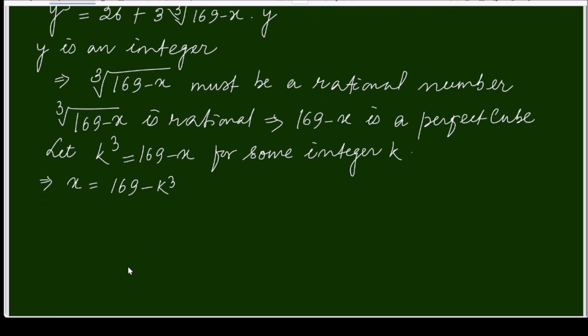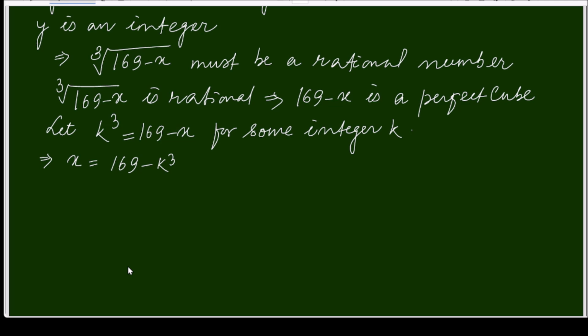Now let us check. First condition we had already taken, x is greater than or equal to 0, and here as x is greater than or equal to 0, that means 169 minus k cube should be greater than or equal to 0, or k cube should be less than 169. So what should be the value?